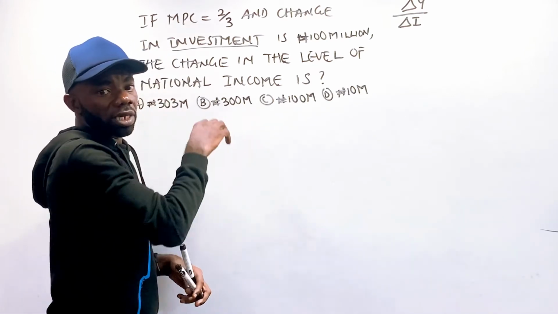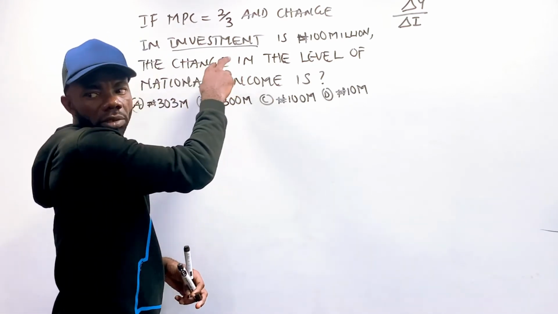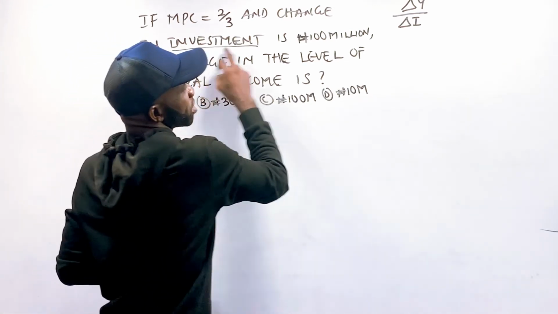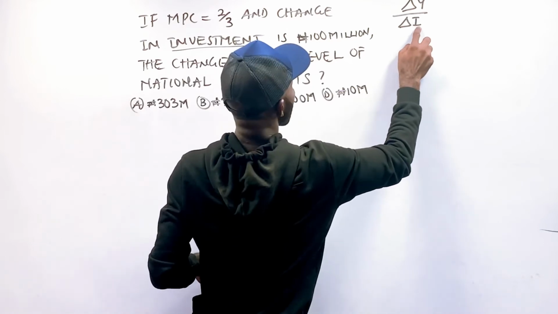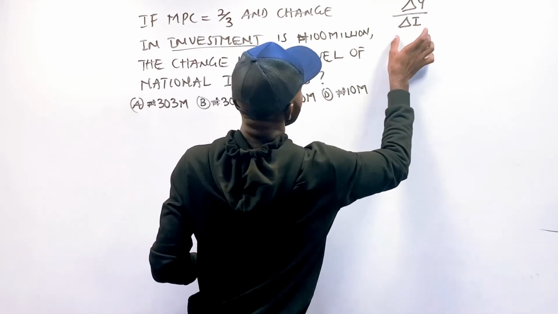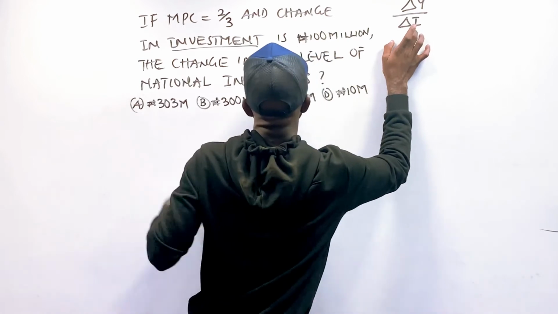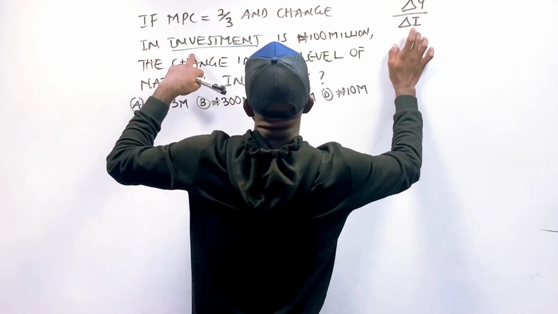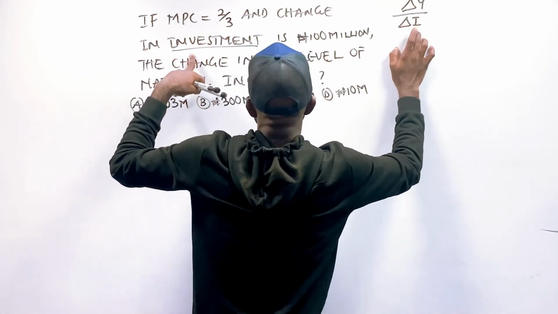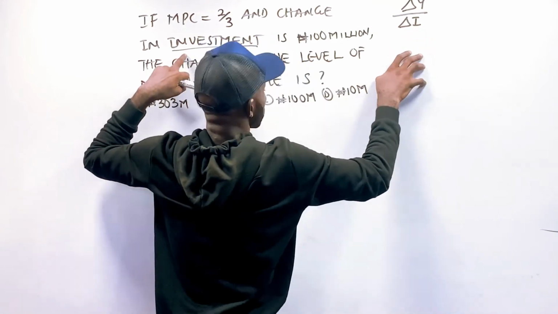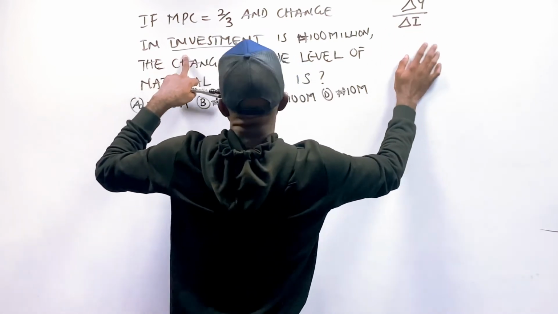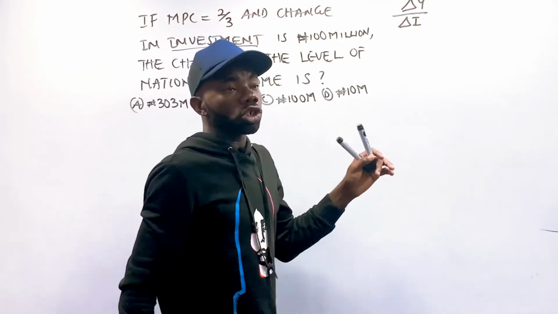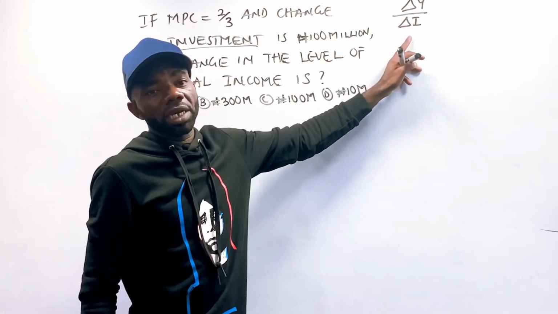If this were to be consumption, then this would have replaced I with C, which becomes change in consumption. If this were to be government expenditure, we would have replaced this with G. If this were to be export, we would have replaced this with X. If this were to be import, this would have been M, showing that it is not just one national income component that can be considered here.